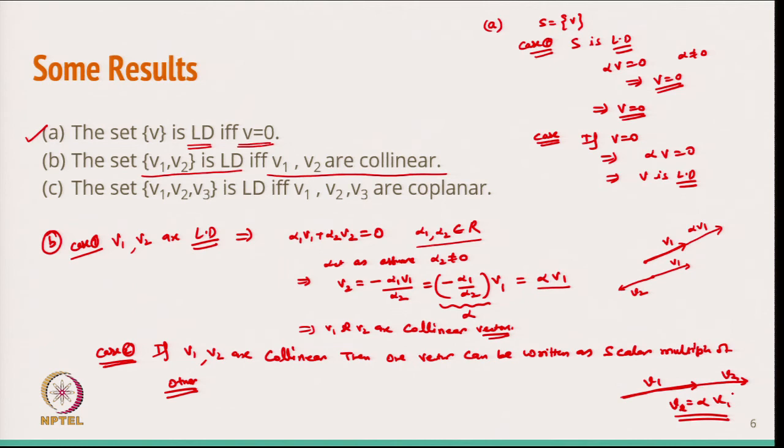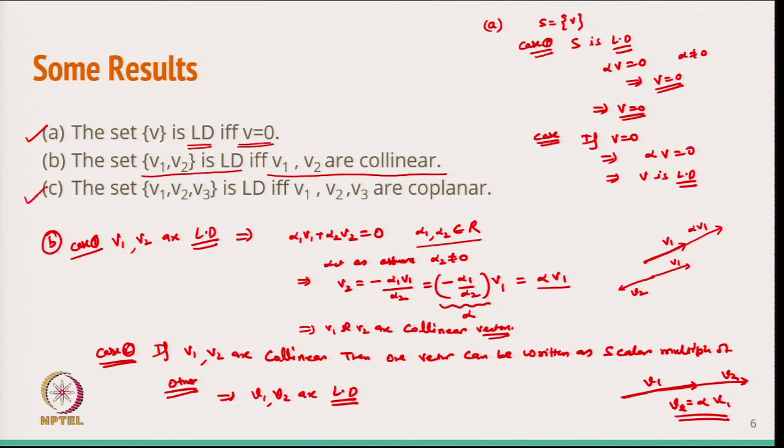So, this one I can write. Then doing the same process, from here I can say that V1 and V2 are linearly dependent. So, this is the same case we can have.